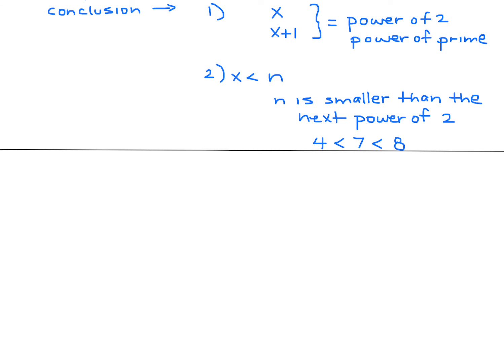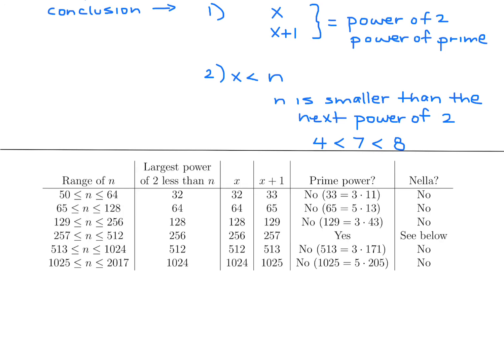So now we have to create a table and look at all the values of n from 50 to 2017 inclusive, keeping in mind that these rules will help us narrow it down. Here are the values of n broken down by powers of 2. 2 to the power of something has to be the endpoint of the range, and n has to be smaller than the next power of 2.